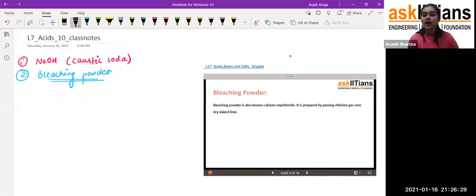Bleaching powder is generally used to bleach clothes. For example, if I'm having a white shirt, and I think it has been so boring that I have been wearing this white shirt for the last 2 years.